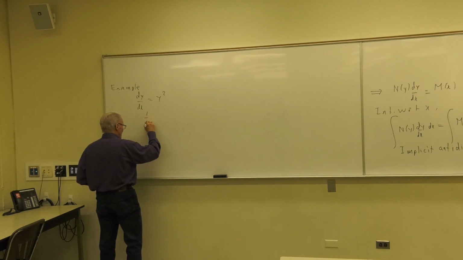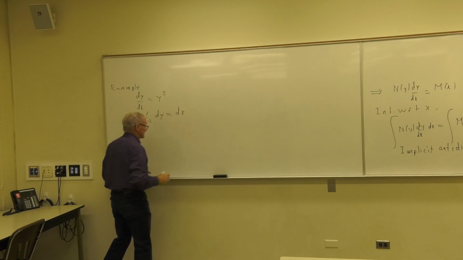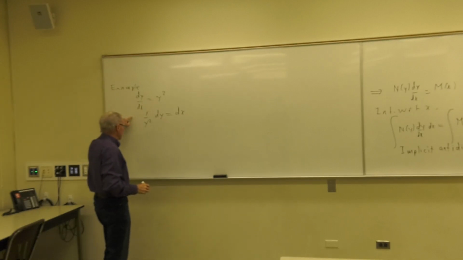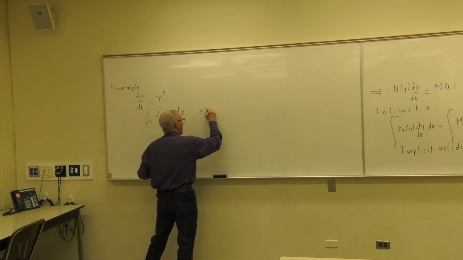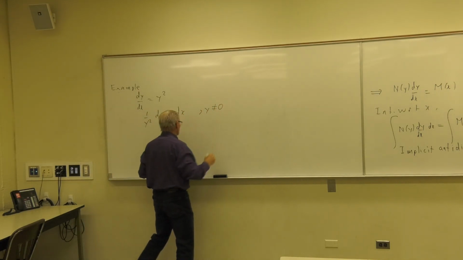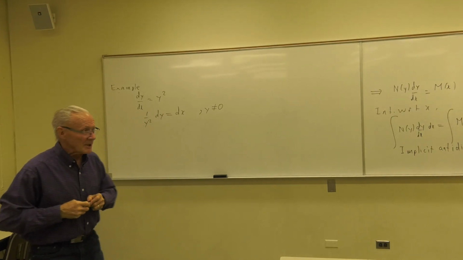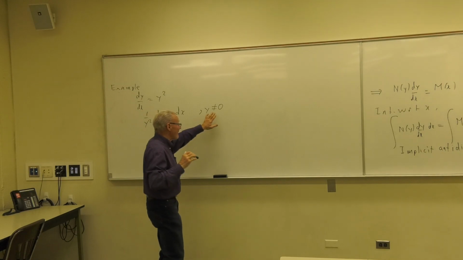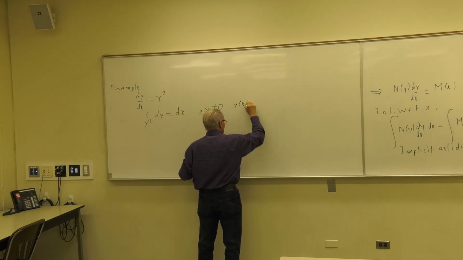I can write 1 over y squared dy is equal to dx. Bring down the y squared, take up the dx. But you've got to say to yourself at this point, y not equal to 0 because you divided by y squared. Now this is the function y of x is equal to 0.